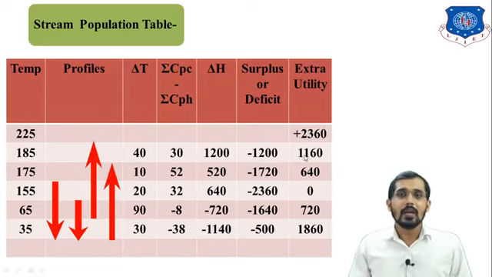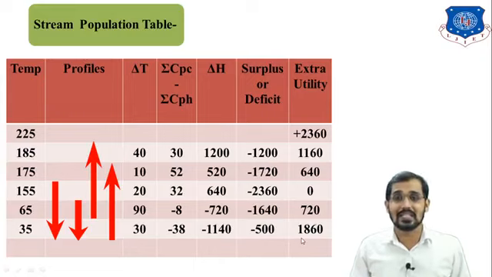For the next value, 1160 minus 520, you will get 640. 640 minus 640 is nothing but 0. After that, 0 minus 720 means nothing but plus 720. And lastly, 720 minus 1140 is nothing but 720 plus 1140, which is equal to 1860.